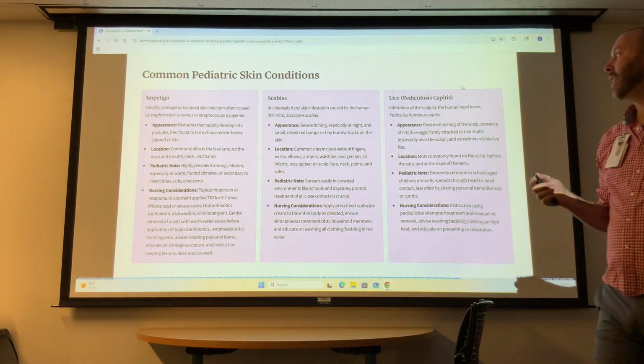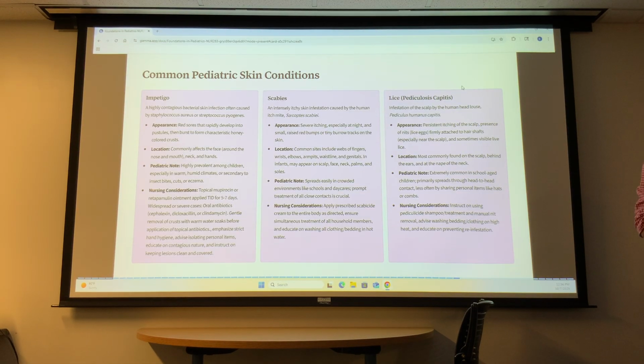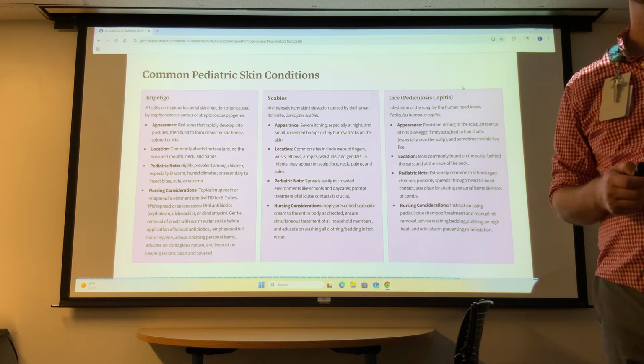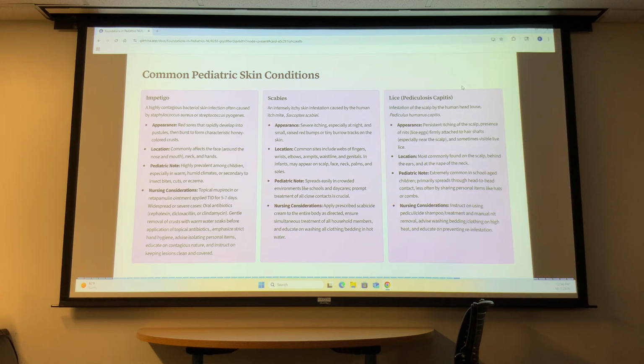Scabies, this is a mite versus a bacteria or virus, right? It's a mite that gets under the skin, with lots of itching. How do we treat it? Sorry, let's go back to impetigo first. How do we treat that one?